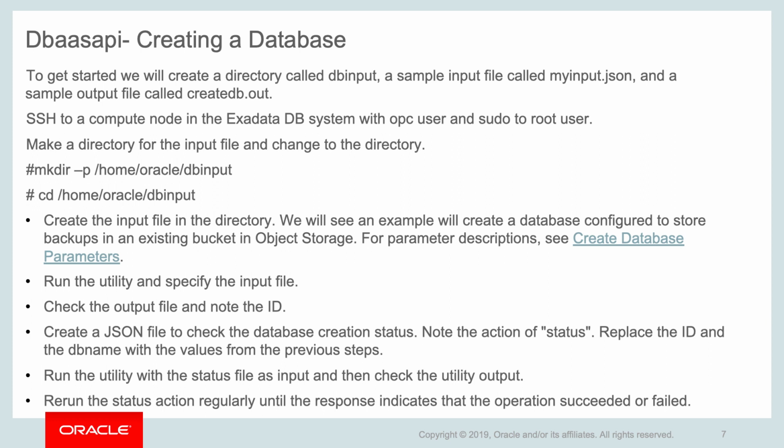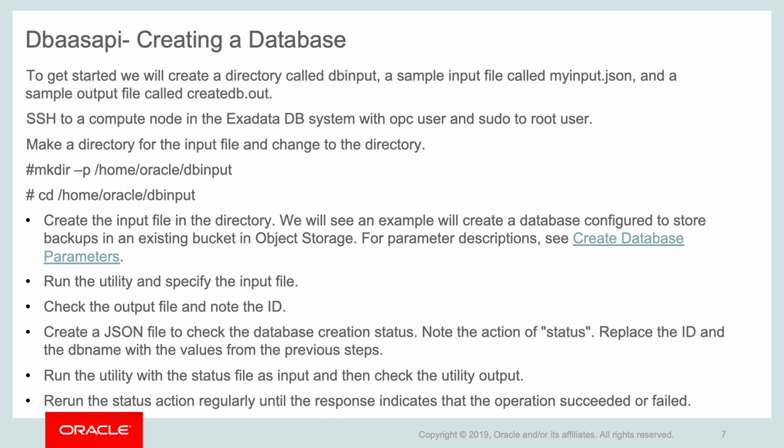We will have an input file, which in my case I'm going to name myinput.json, but you can give any name, and a simple output file which will be created as createdb.out. For performing this, you need to SSH to the compute node in the Exadata database system as the opc user, and then you can sudo to the root user, create the directory, and create this particular input file.